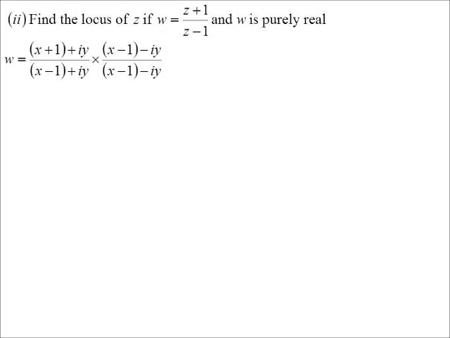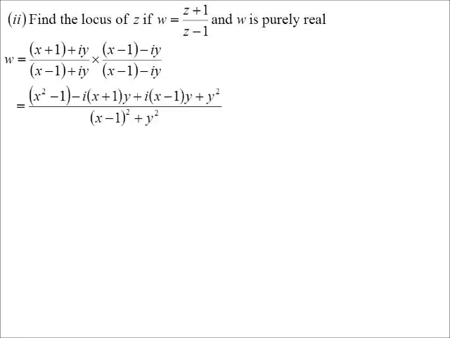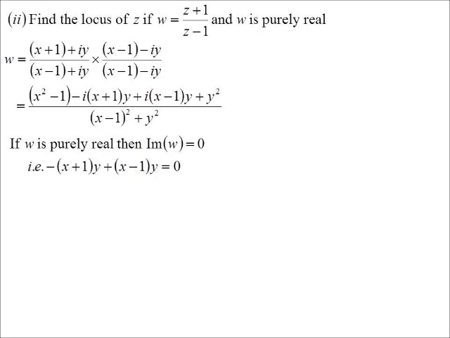Let's break it up into the real and imaginary part so we can work out what has to equal 0. We'll realise the denominator. On the top we get x squared minus 1 and the whole bit. I'm not going to expand the whole thing out because remember, we're only interested in the imaginary part. We want the imaginary part to equal 0. It would have to be the top of the fraction equalling 0, because the bottom of the fraction can't equal 0.